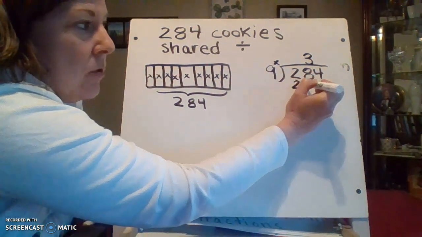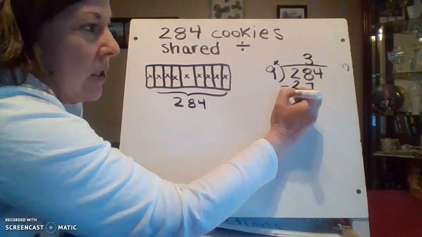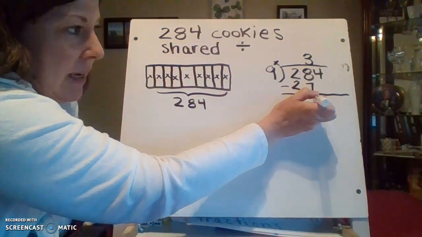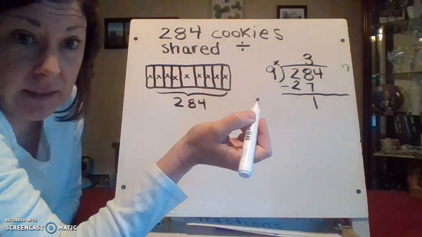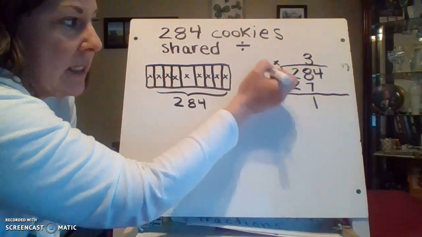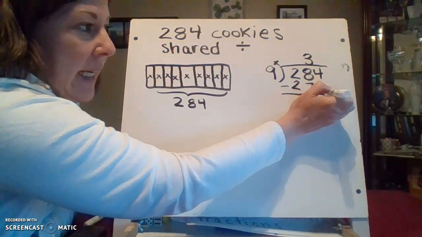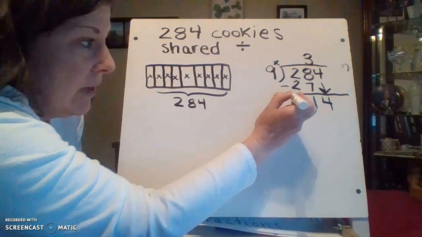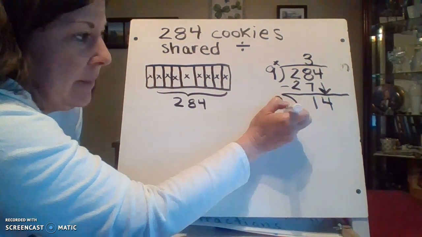3 times 9, 27. Subtract, bring down 8 minus 7. Or let me do my subtracting first. I'm getting ahead of myself. 8 minus 7 is 1. 1 is an awesome remainder, so I'm going to bring down that 4. When I bring down, I have to divide again.